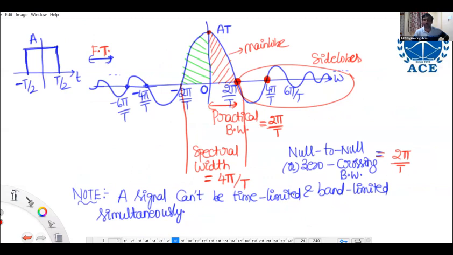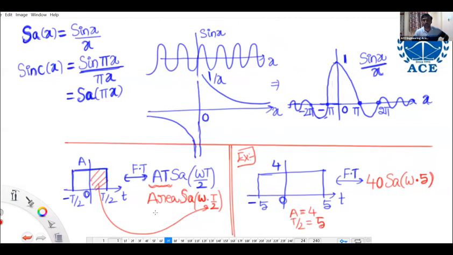That is what this statement says: a signal cannot be time limited and band limited simultaneously. The rectangle has a finite length of T units, but the spectrum goes up to an infinite range. Don't forget this logic.